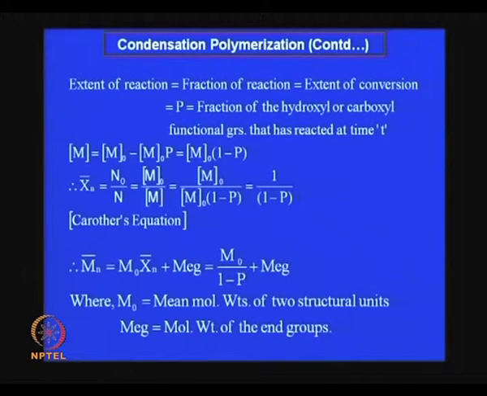Sir, what is the parameter which decides the different chain length polymer molecule? That is a very good question. He is asking which parameters lead to molecules of different sizes. Now you know, any reaction occurs due to the random collision of the reactive species in a reaction chamber, am I correct?